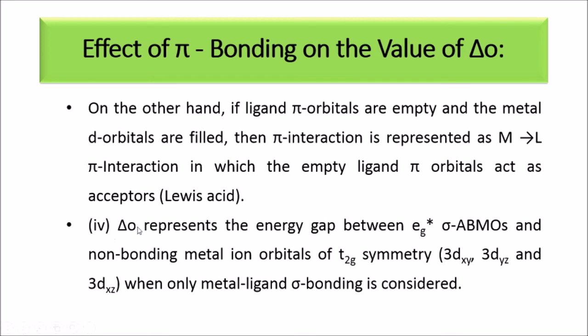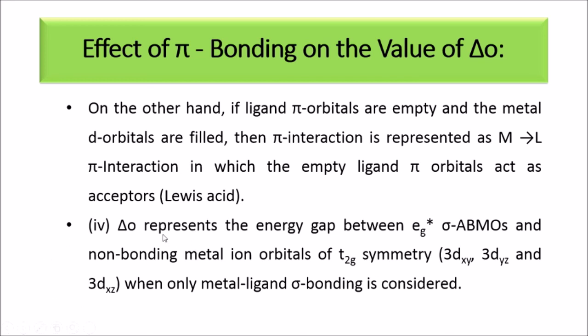And the fourth point, the delta O, that is the splitting energy, represents the energy gap between Eg star sigma ABMOs and the non-bonding metal ion orbitals of T2G symmetry, that is 3dxy, yz and zx, when only metal ligand sigma bonding is considered.